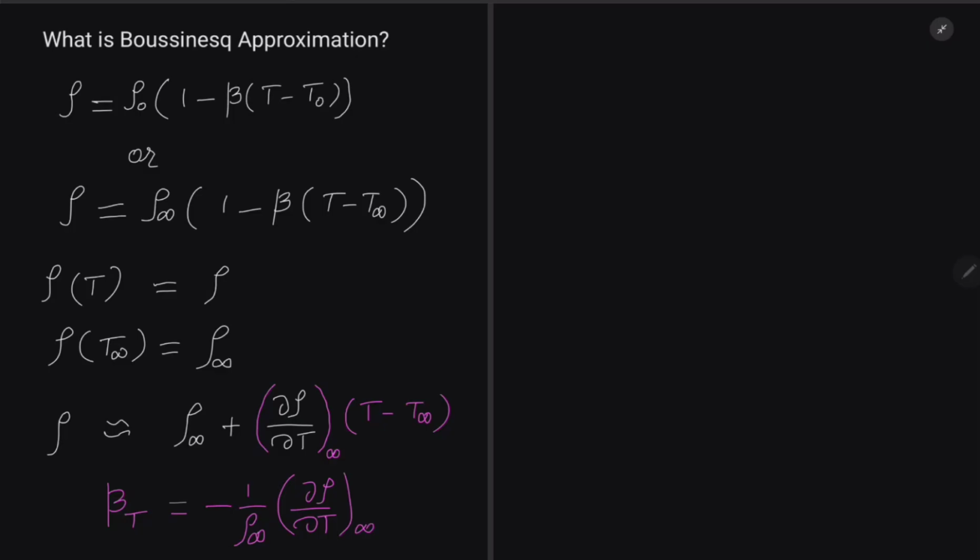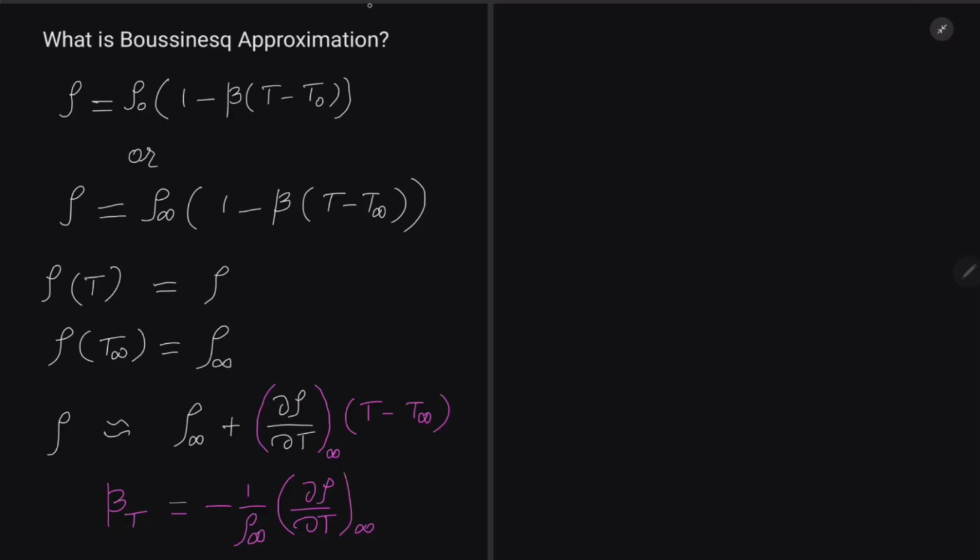This is the definition of the coefficient of thermal expansion. It measures how much the density changes with temperature. Now the next question is, what does this negative sign tell us?